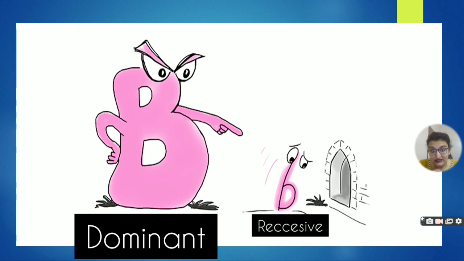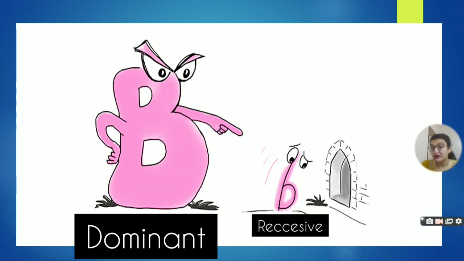As you can see in the diagram on the screen, there is a capital B and a small b. I give you one situation: I am a teacher, I am just speaking and I am not letting my students speak. In that case, I am the dominating one, and I am not letting the recessive one speak. Why?